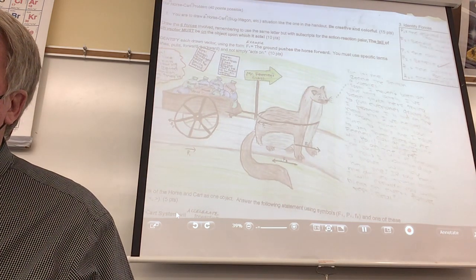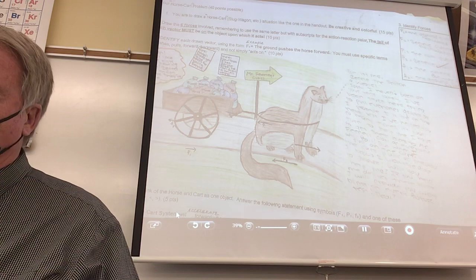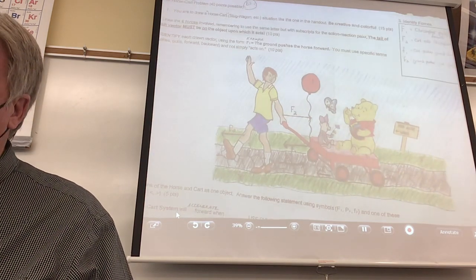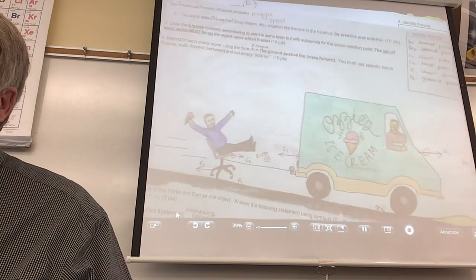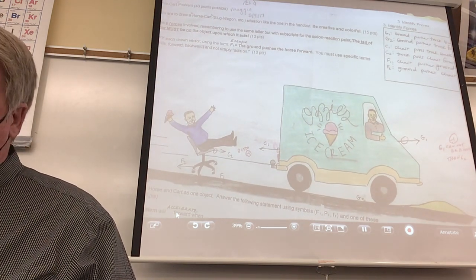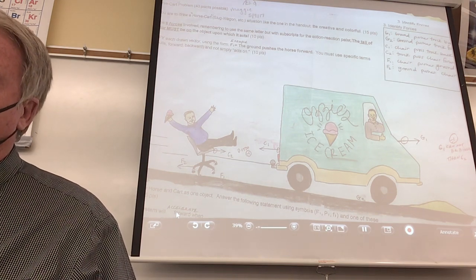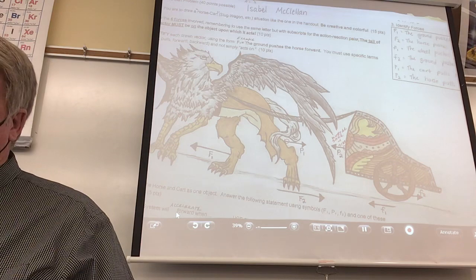And here's one who told a little story. This one, Winnie the Pooh. I think this is supposed to be me, but somebody likes Ozzy's ice cream. Who did that?